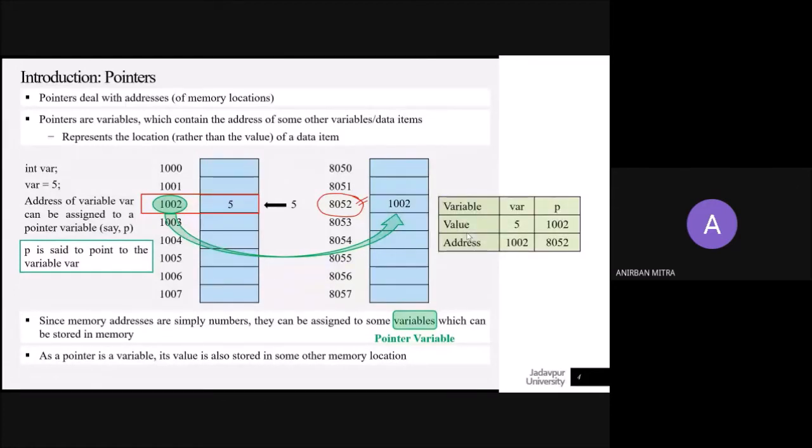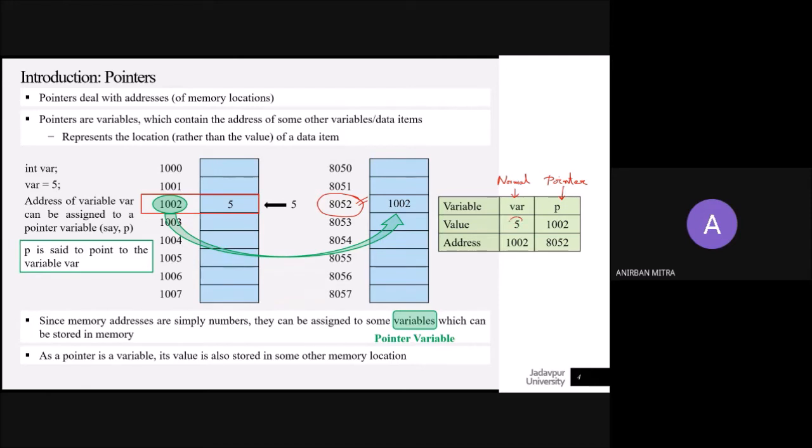So now we have two different variables. One is var, which is a normal variable, and this is the pointer variable. Both have some addresses and both have some values. We have already said that a variable is going to have some value inside it, and it is going to have some memory location. So what about the normal variable?